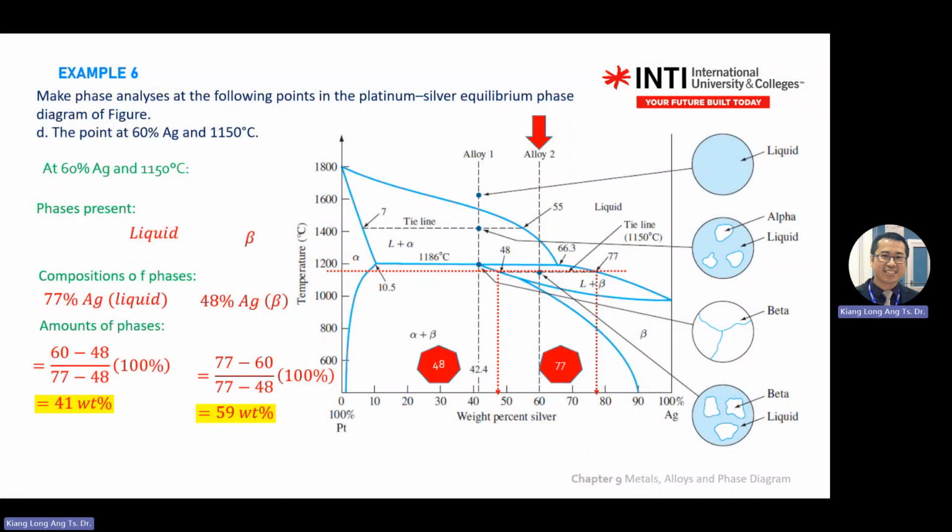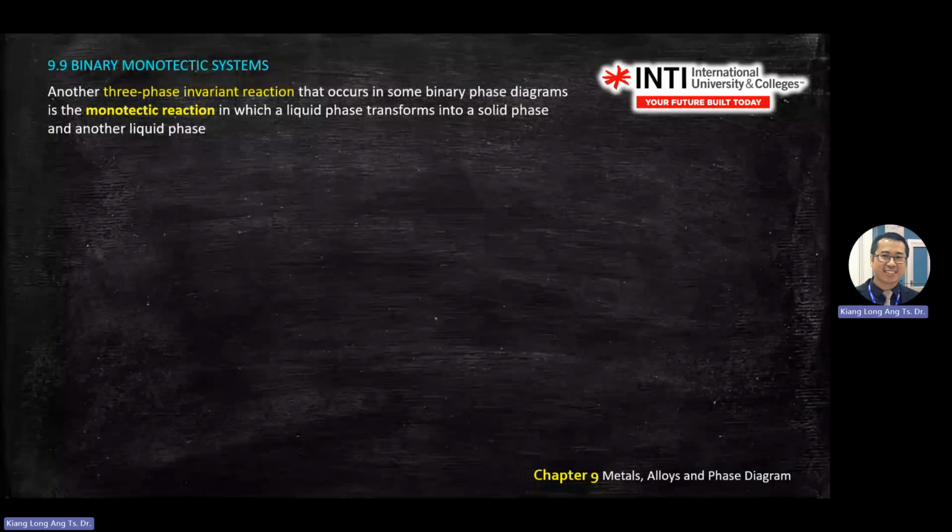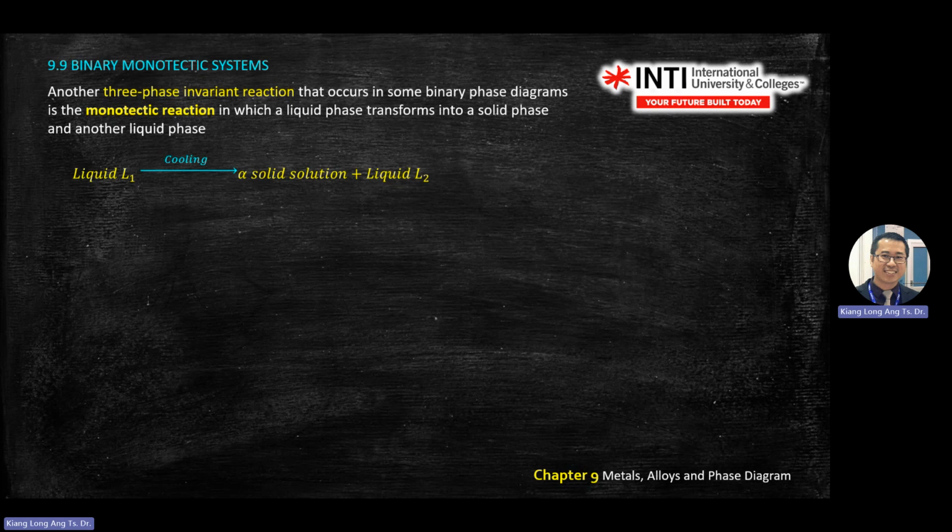Okay. Next, we'll learn about monotectic. Monotectic is liquid becoming alpha plus liquid.